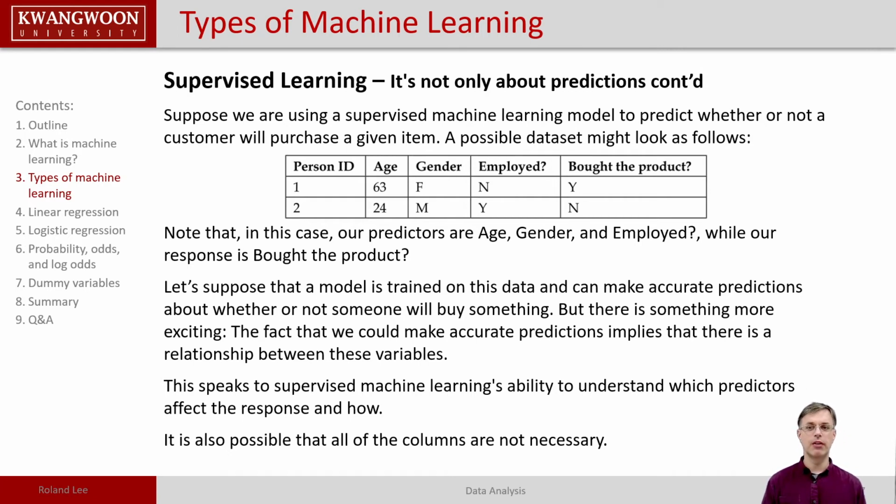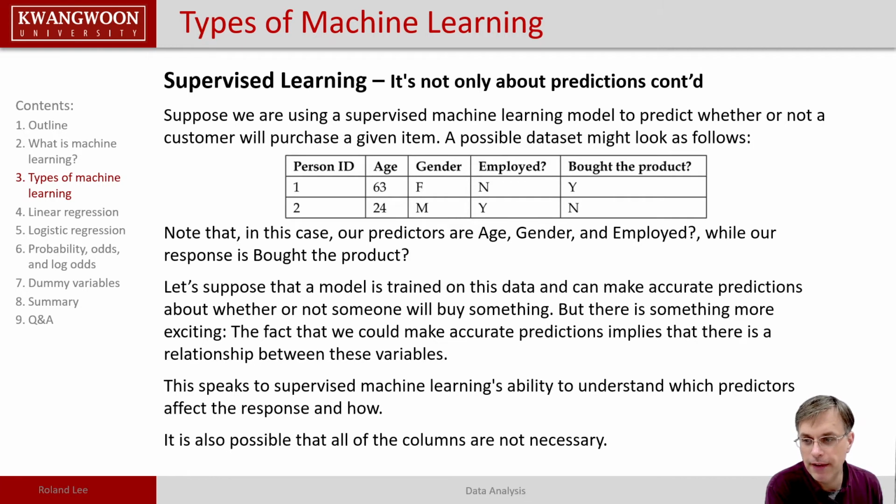A possible data set would look like this: person ID 1 and 2, age 63 and 24, gender female and male, employed no and yes, and then buy: yes, no. Note that in this case, our predictors are age, gender, and employed, while our response is buy or not. So yes, we would like to see if somebody buys the product or not.